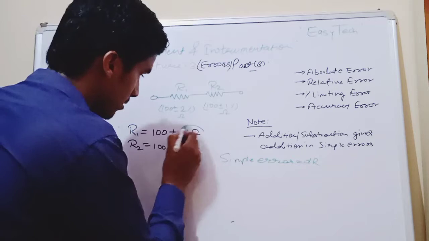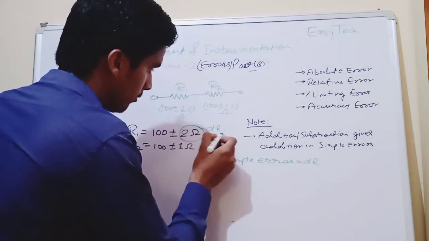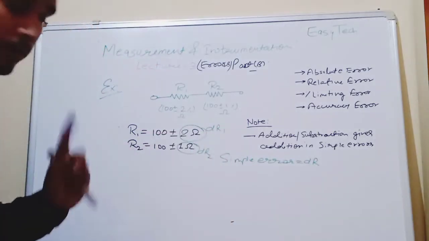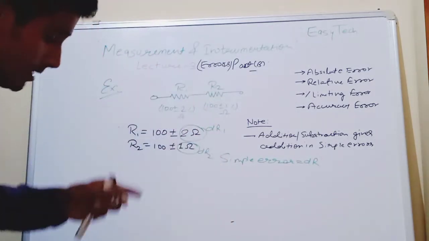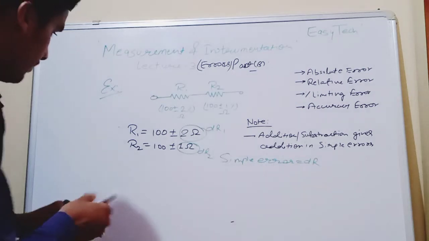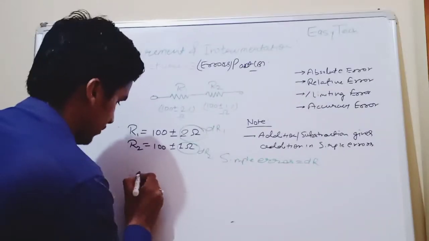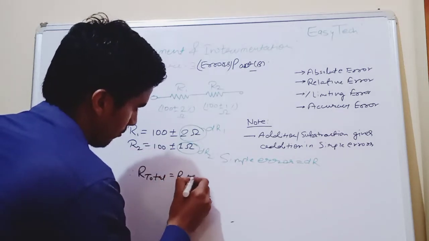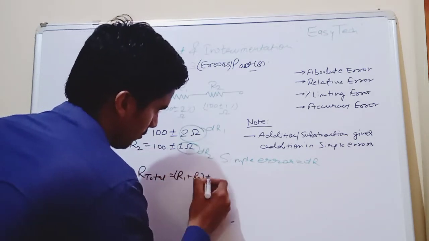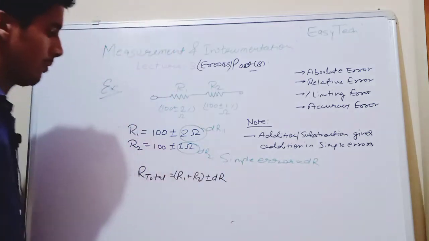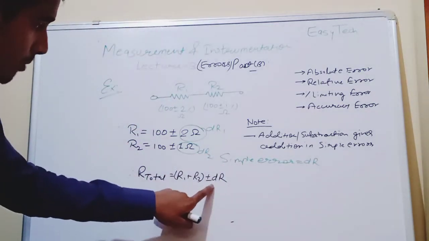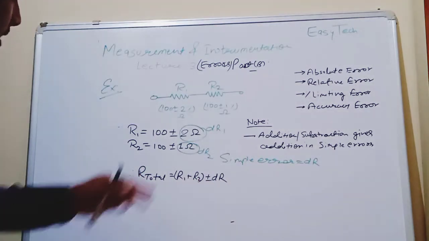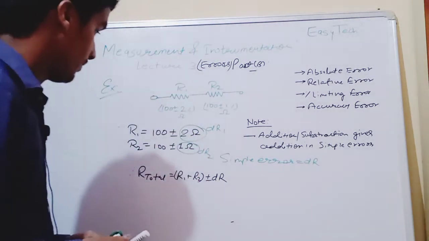Now the resistances are connected in series, so the total resistance will be R1 plus R2 plus minus dr, because they are connected in series.